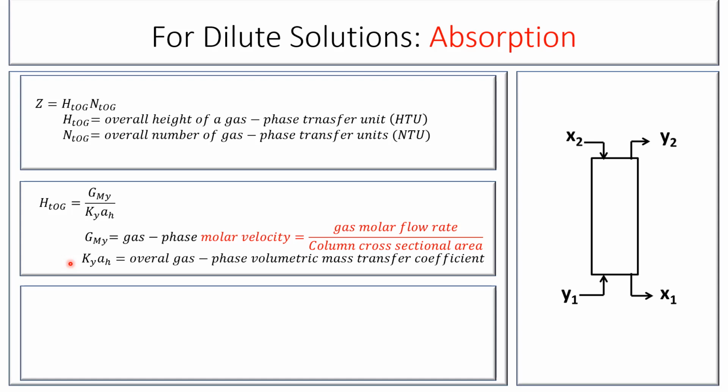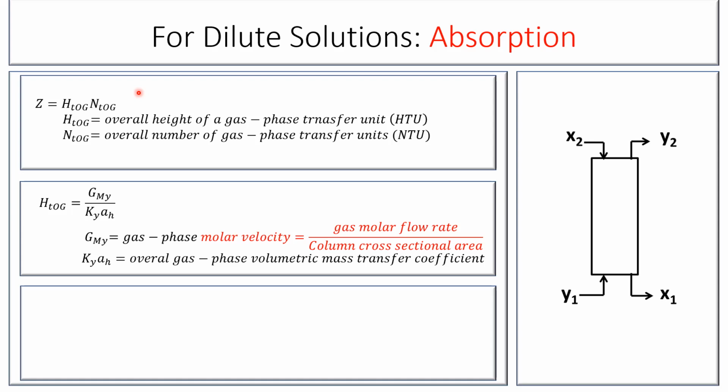Now, the number of transfer units, NTOG, can be obtained experimentally again, or it can be calculated using different methods.